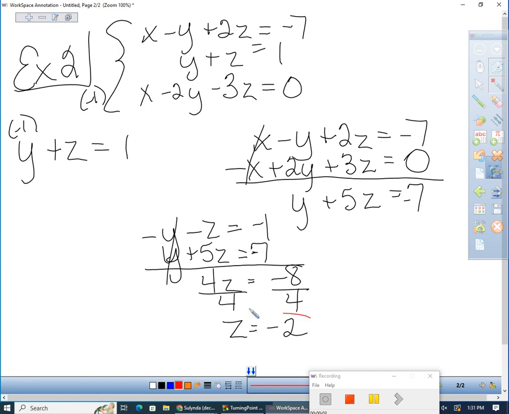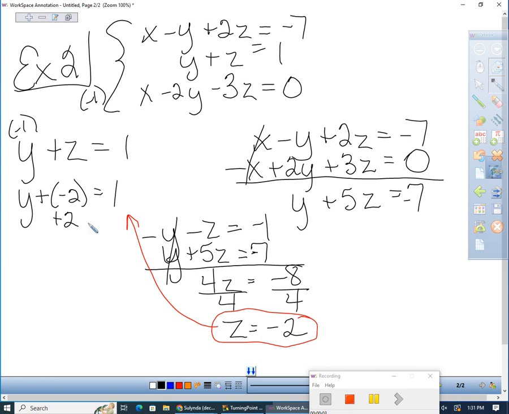We take this answer right here and we plug it in to there. So I have y plus a negative 2 equals 1. Adding 2 to the other side, what does y equal? Y equals 3. All right.